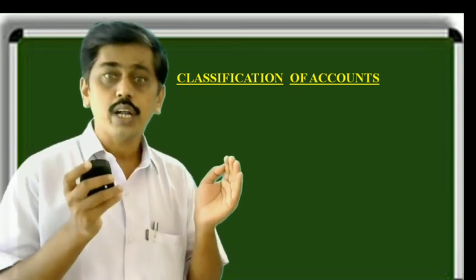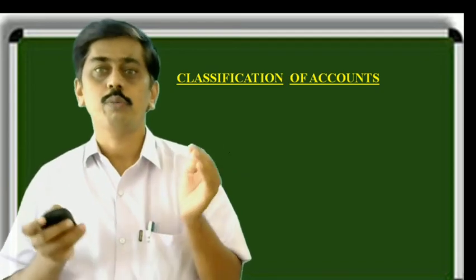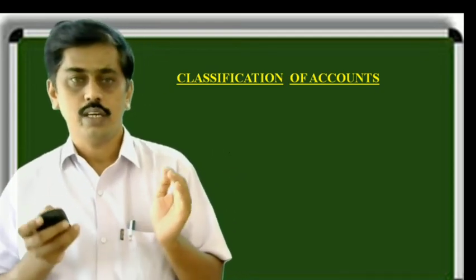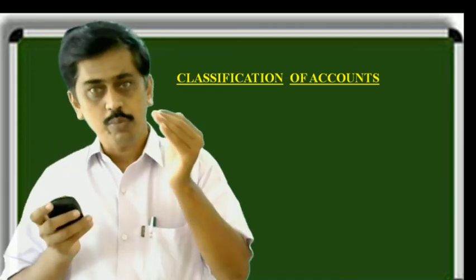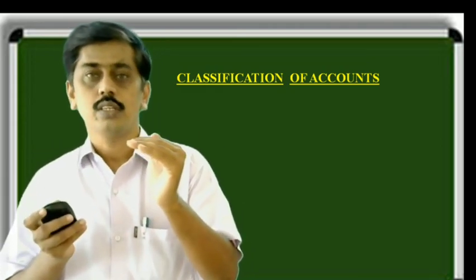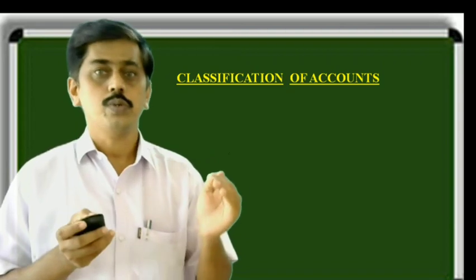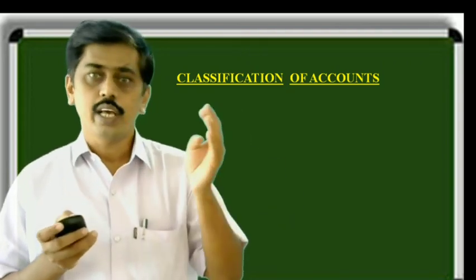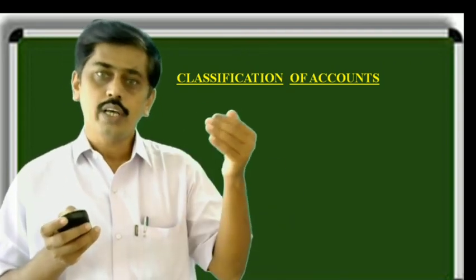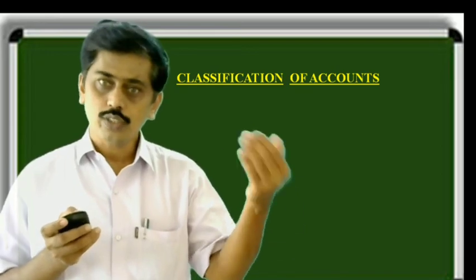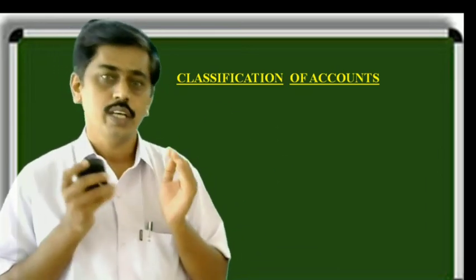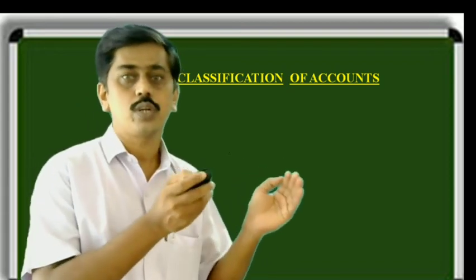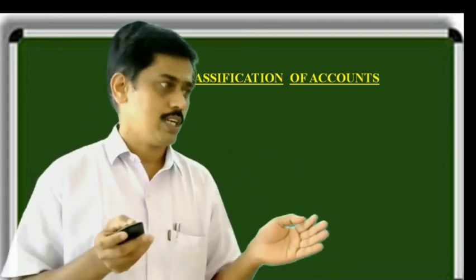An account is a summarized record of business transactions relating to a person, a thing, or expenses, losses, or an income or gain that have taken place during a given period of time.